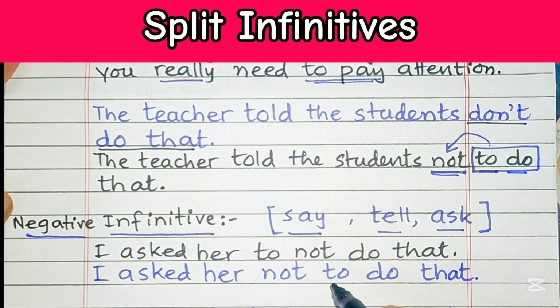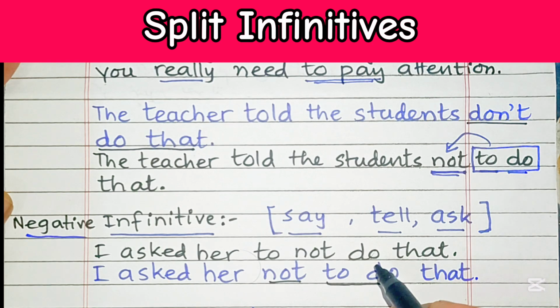Here is the negative, and then here is the infinitive to do. I asked her not to do that. A mistake would be I asked her to not do that.